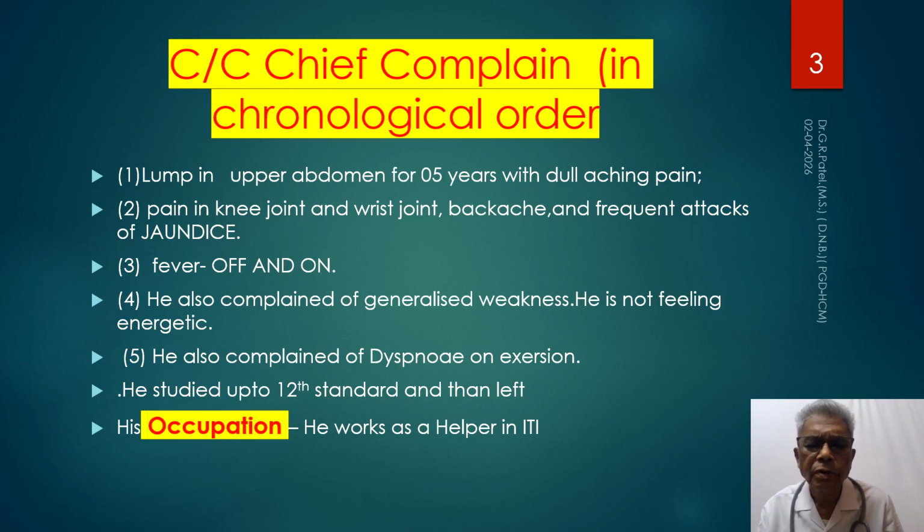The cause of dyspnea on exertion is anemia, because of a hemolytic crisis the patient suffers many times. So the patient becomes anemic and he becomes dyspneic on exertion.